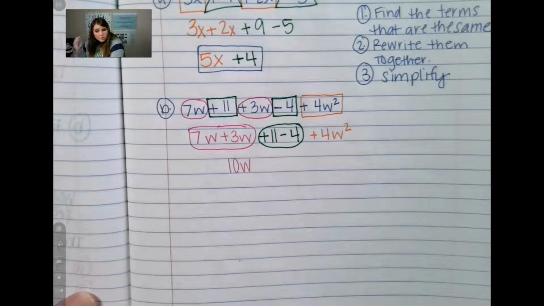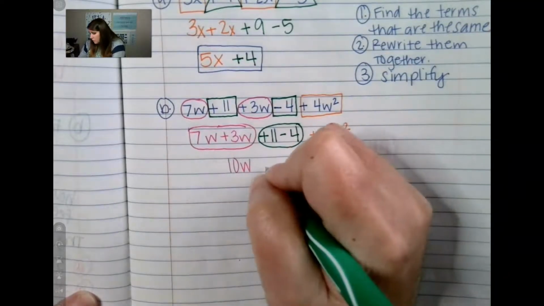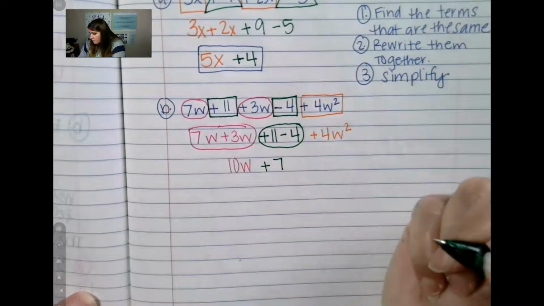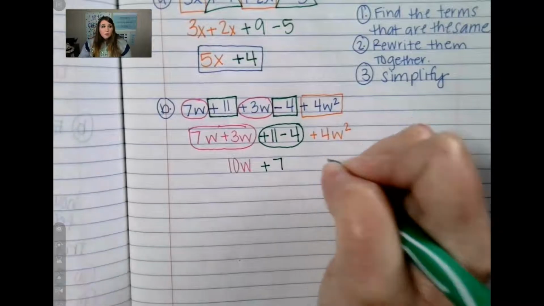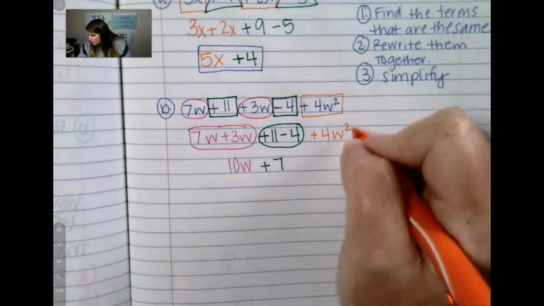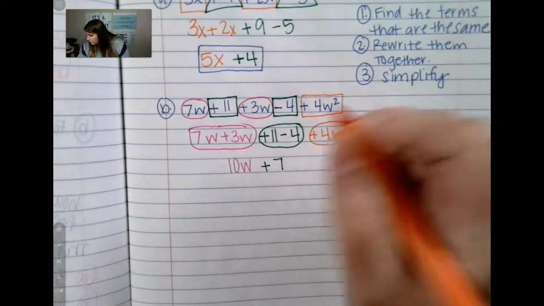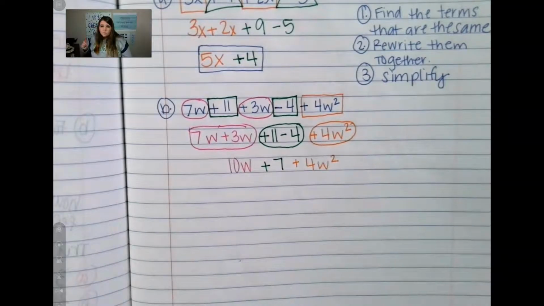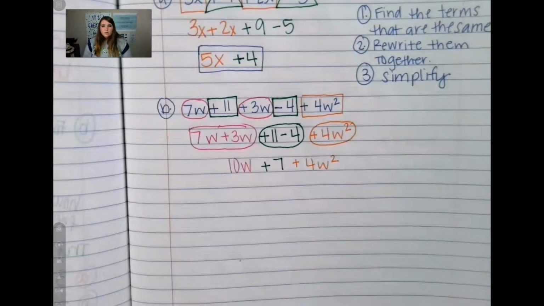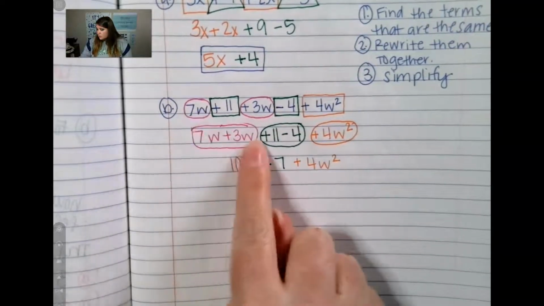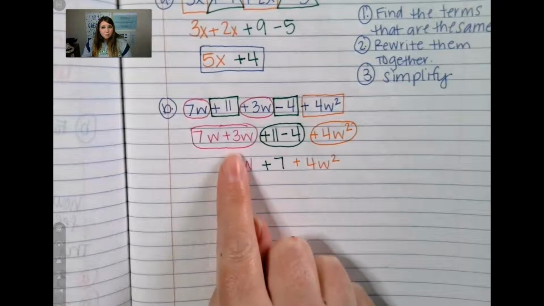Well, I know that 11 minus 4 is 7. So I have a plus 7. And last but not least, I have this one all by itself. W squared.